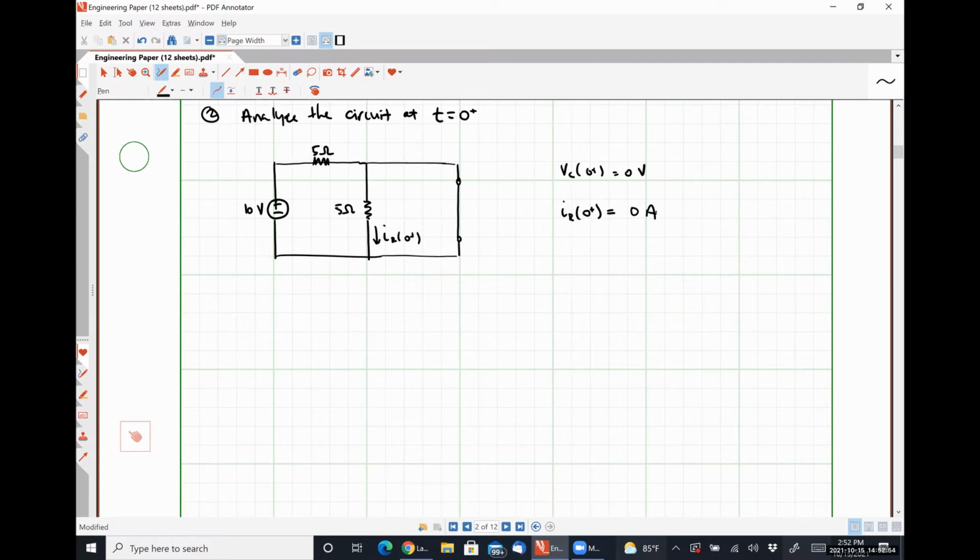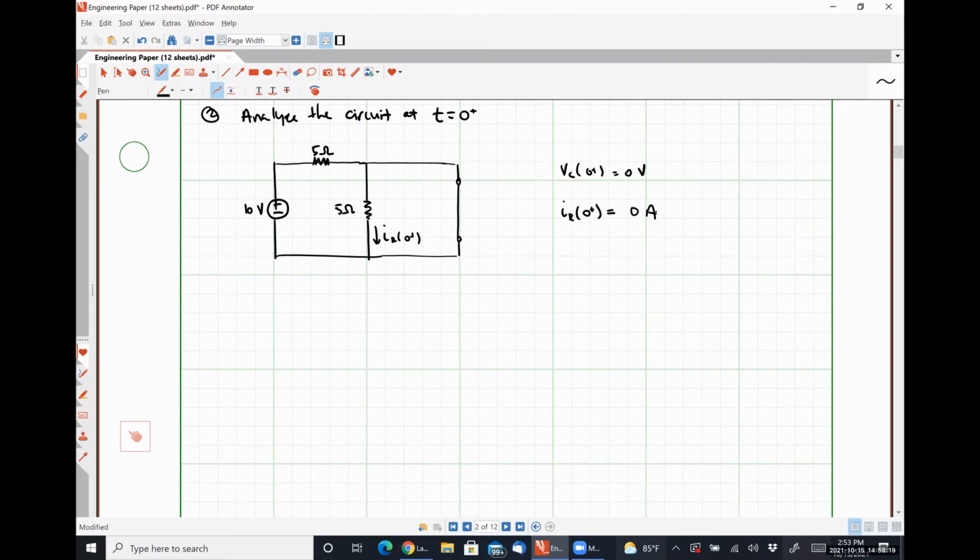So a question that you might be asking yourself here, and that would be a perfectly reasonable question, is if the system had these particular values of 0 volts and 0 amps at t is equal to 0 minus, and then it had those same values at t is equal to 0 plus, do we actually have a transient condition because nothing has changed?